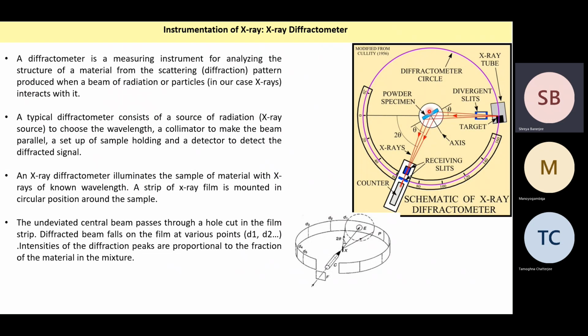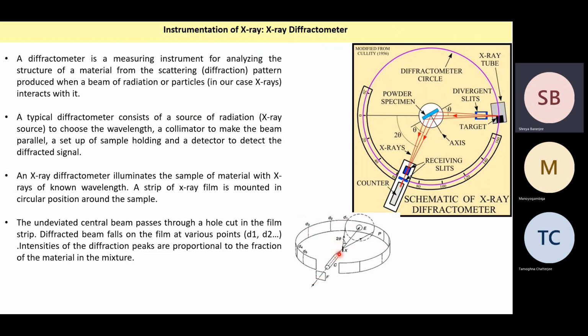An X-ray diffractometer illuminates the sample of material with X-ray of known wavelength. So if you have the sample here, it is illuminated by X-ray of known wavelength after passing through the monochromator, and a strip of X-ray film is mounted in a circular position around the sample, like this. The undeviated central beam passes through the hole cut in the film strip, and the undeviated beam will strike here at E. The diffracted beam falls on the film at various positions D1, D2.